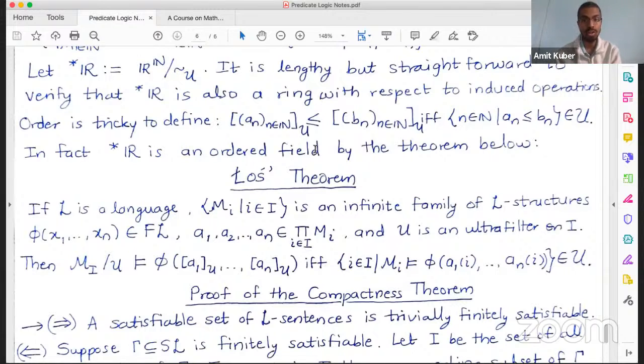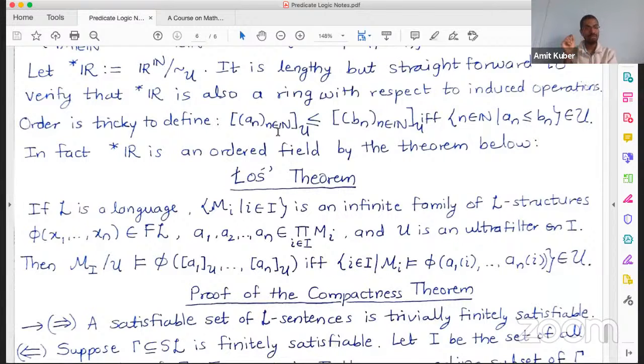So what was missing? The field property. I want you to take a minute to think about this. In a representative of an equivalence class, you choose a non-zero element, which means the set of indices where the coordinates are 0 in that sequence is a small set. Similarly, you choose another sequence where the set of indices where the entries are 0 is a small set.